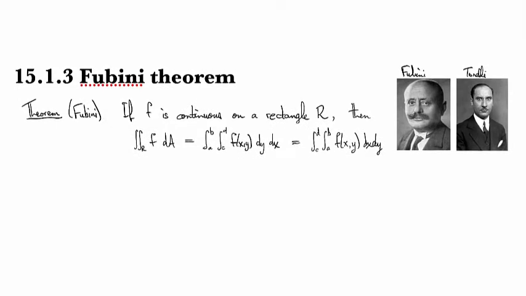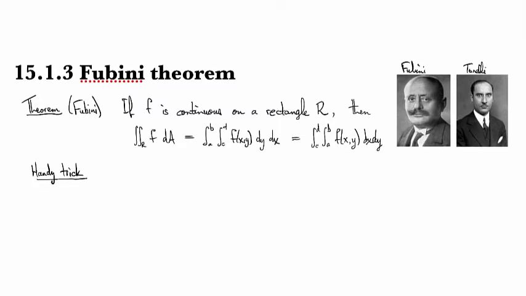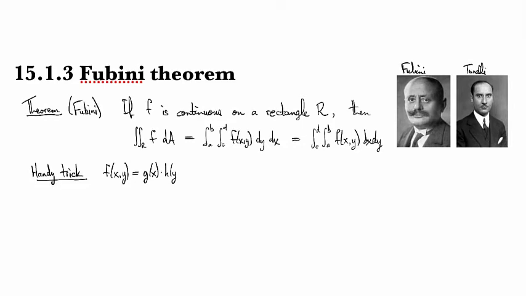So that's the theorem. There's another handy trick, and this isn't actually part of the Fubini theorem, but it quite often happens that the integrand is a function of x alone multiplied by a function of y alone.